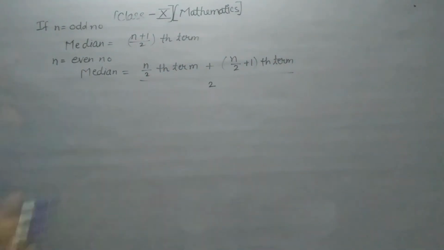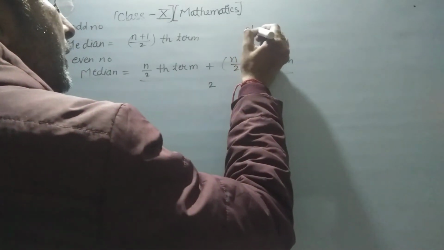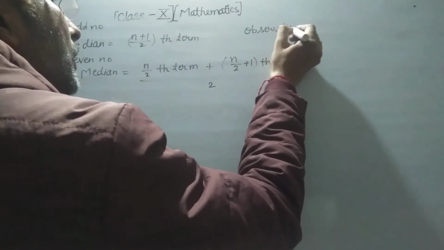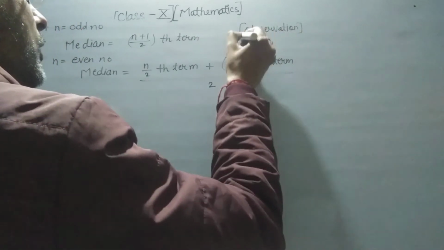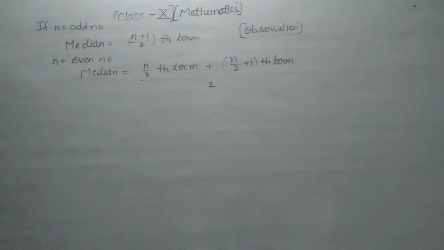So by this way you have to find the median when the observations are given without frequency. This formula is applied when only observations are given, not a frequency. Then you have to use this formula.